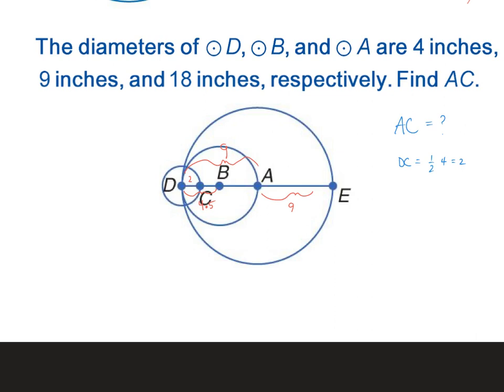So I could write the following, that AD is equal to AC plus CD. And I was told that the radius is 9 from A to D. So 9 is equal to AC, which we don't know, and we just found that DC is equal to 2. So here we go. Subtract the 2, so we get 7 is the length of A to C.